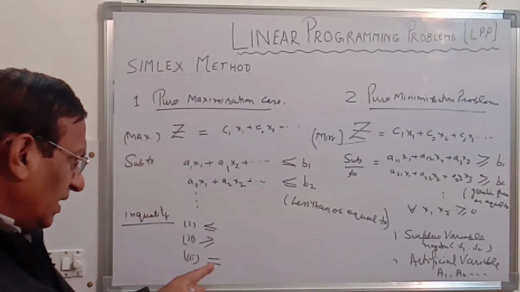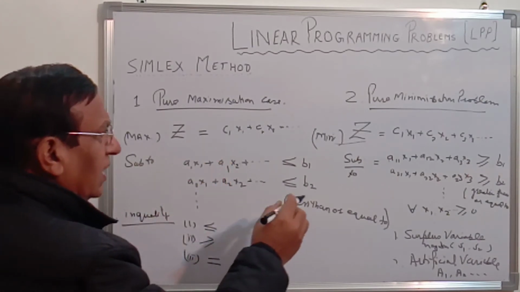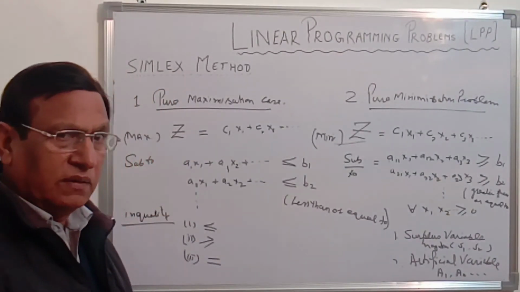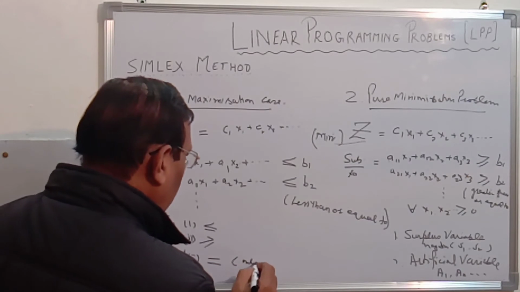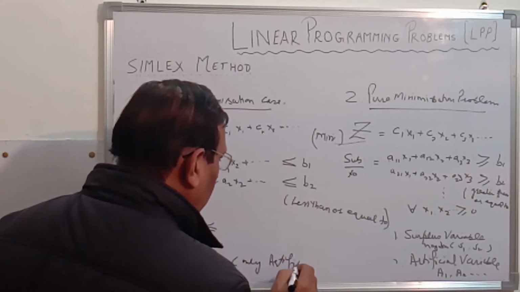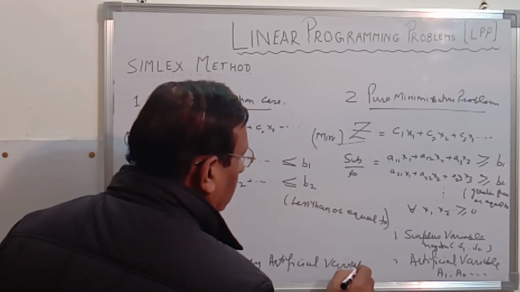This means exactly equal to. If it is less than, slack variable. If it is greater than, surplus variable plus artificial variable. And if it is exact, only artificial variable. So this point is very important, please.